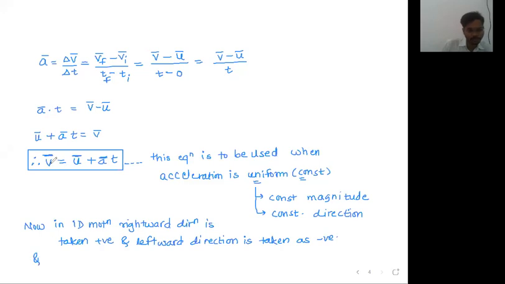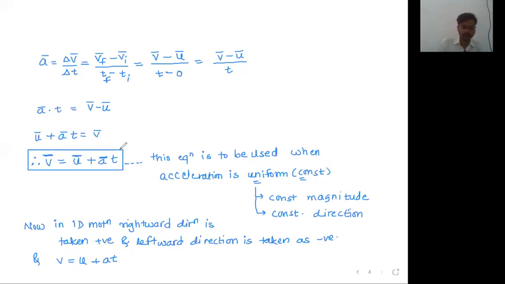And we write this equation as, instead of writing v bar, now we write v. Instead of writing u bar, now we write u. Instead of this a bar, now we write a, and simply t. Okay, up to this, is that clear? Rightward direction positive, leftward direction negative.